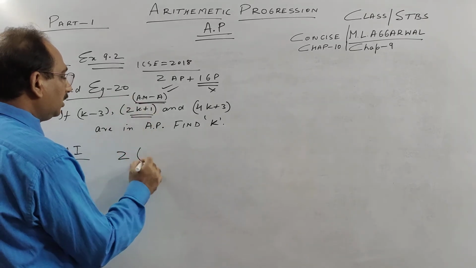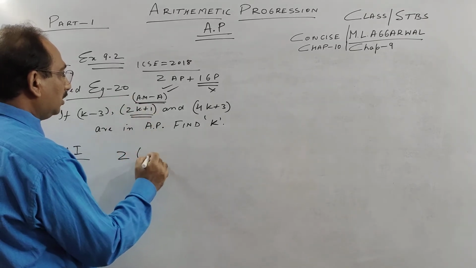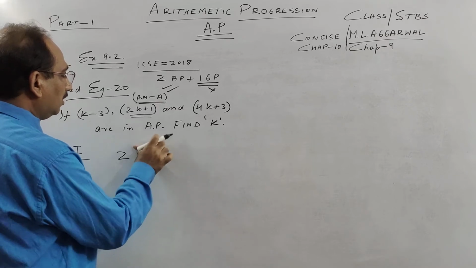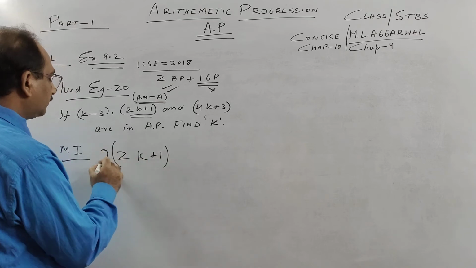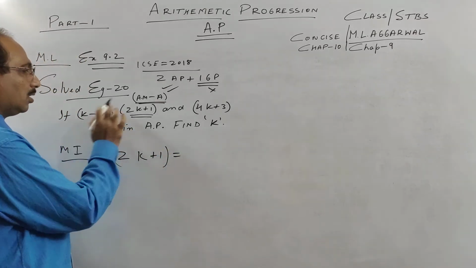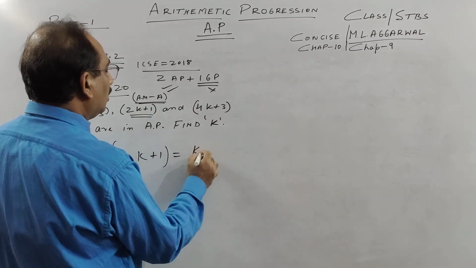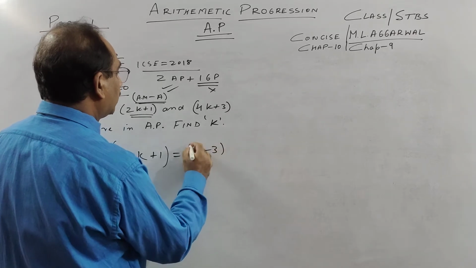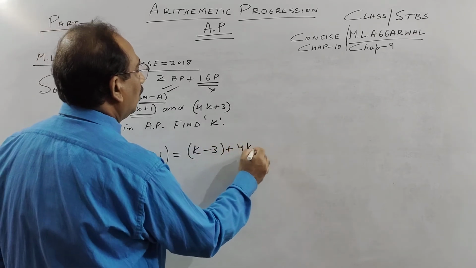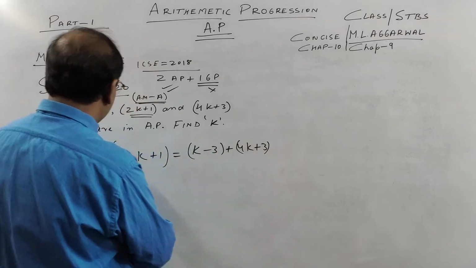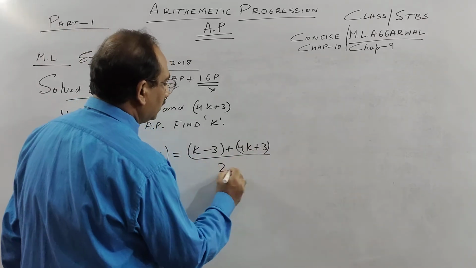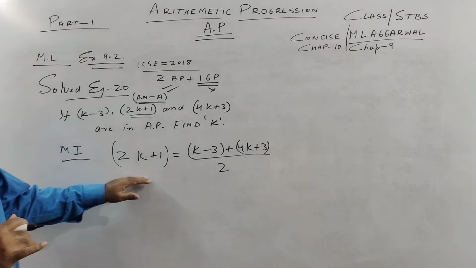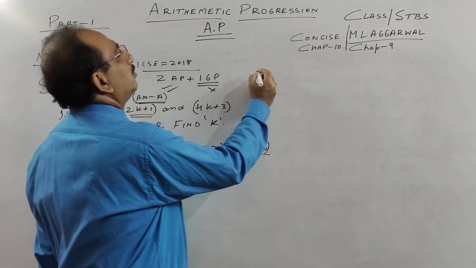So twice the middle term is equal to the sum of the other 2 terms, the 2 extremes. Or you can take it like this, that this term is the mean of the two, so 2 will go to that side. So ultimately, see both the methods. I'll show you the second method.